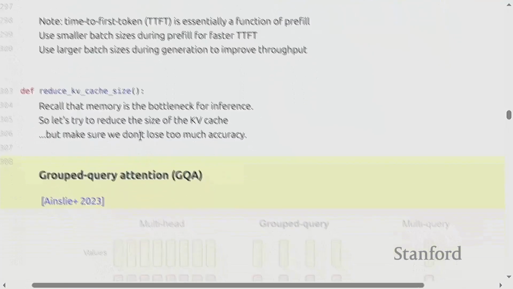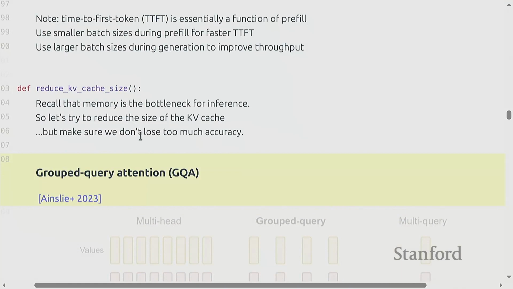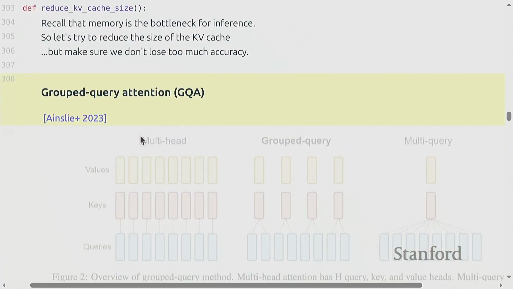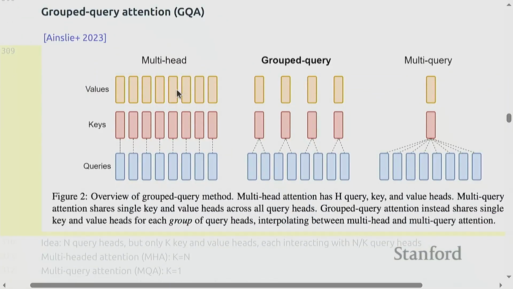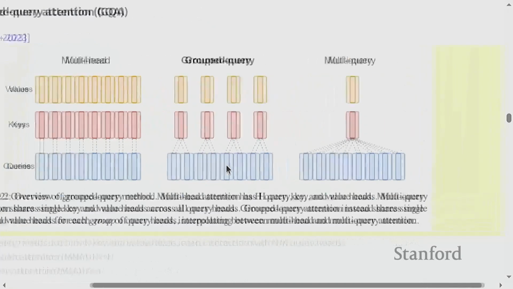So there's a bunch of ideas I'm going to go through that all essentially try to change the architecture to reduce your KV cache. Some of these ideas I think you've seen, but I'll go through them in a more systematic way. So there's this idea called group query attention. Multi-headed attention, which is the vanilla transformer, keeps around a number of heads, and for each of those you have the same number of keys, values, and queries.